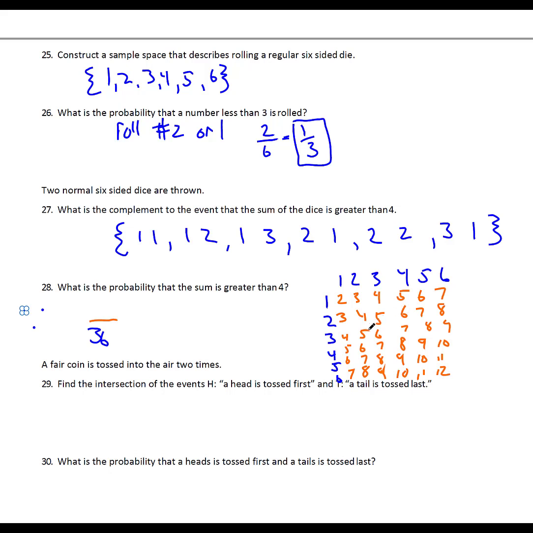You can do it pretty easily, right? So you've got 1, 2, 3, 4, 5, 6, 7, 8, 9, 10, 11, 12, 13, 14, 15, 16, 17, 18, 19, 20, 21, 22.